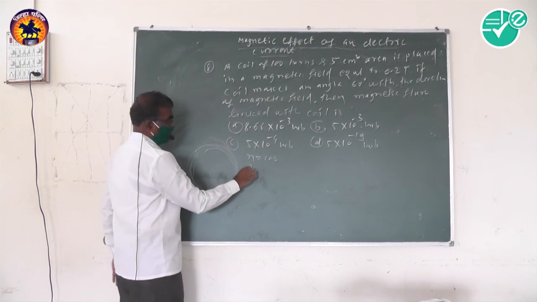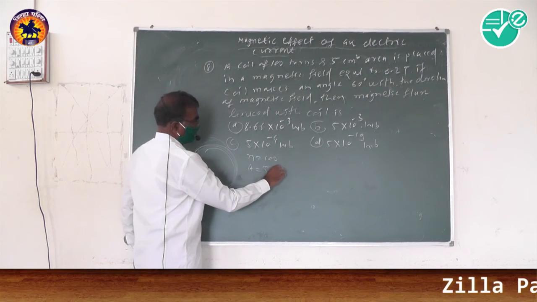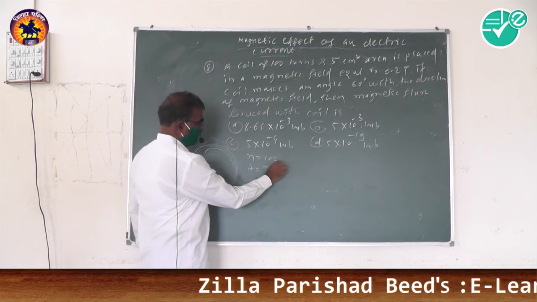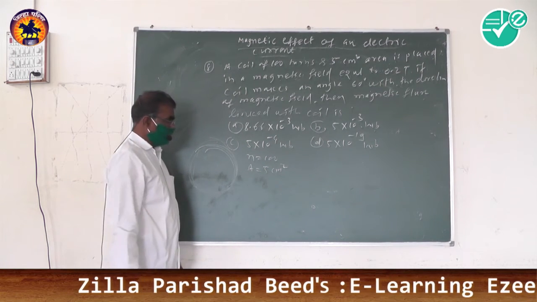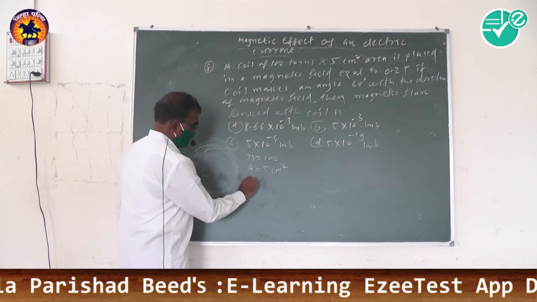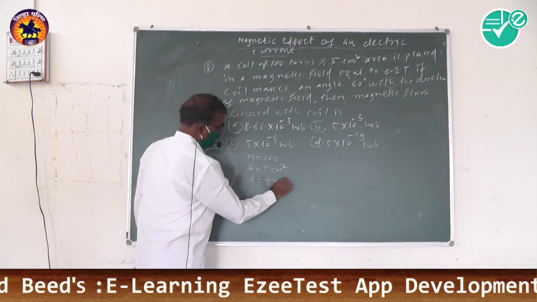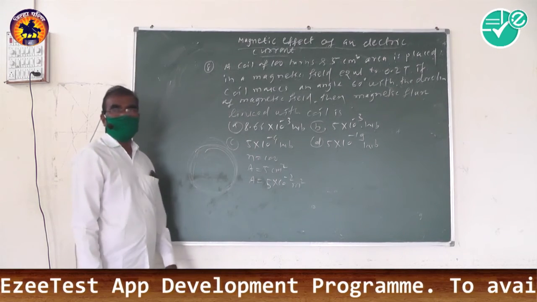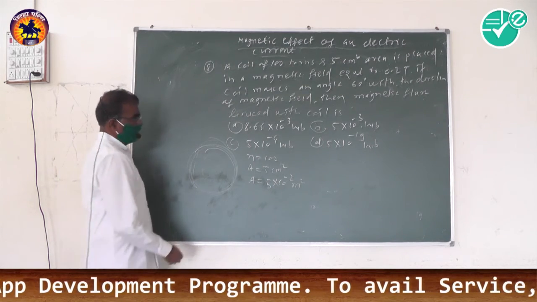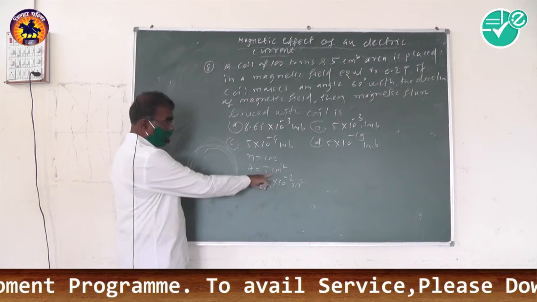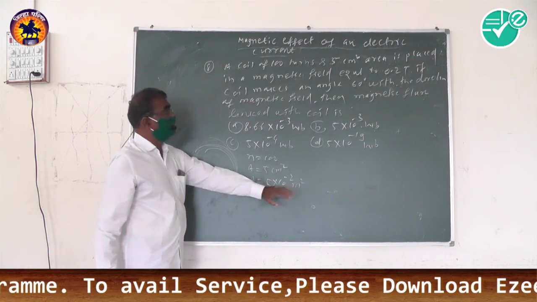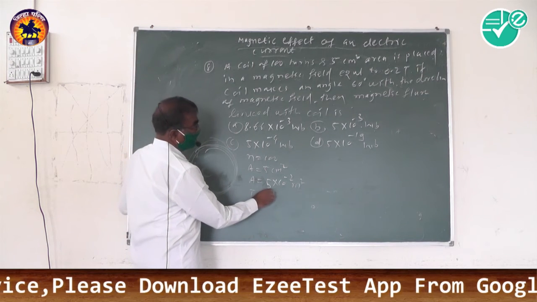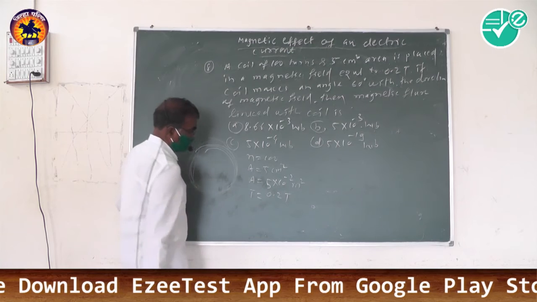The area of the coil is given, 5 centimeter square, that is A equal to 5 into 10 raised to minus 4 meter square. Convert the centimeter square into meter square. Magnetic induction is given, that is 0.2 Tesla here.